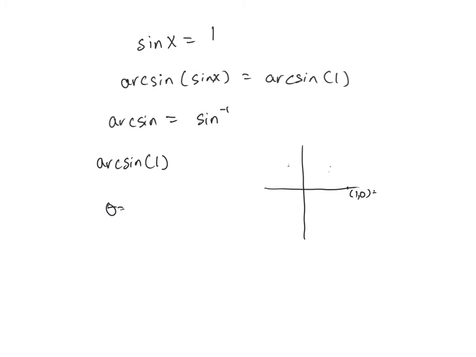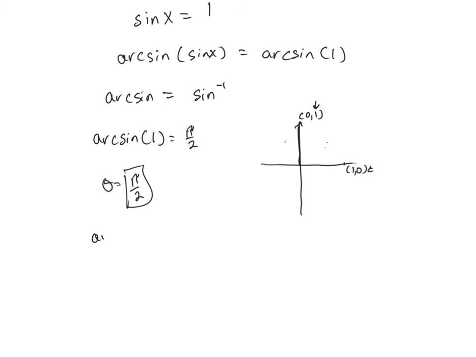So here, my sine is 0, but up here, 0, 1, my sine is 1. At this angle, my sine is 1. So my theta in radians, we're going to be working with radians today, is pi over 2. So my answer is pi over 2. The arcsine of 1 is pi over 2.